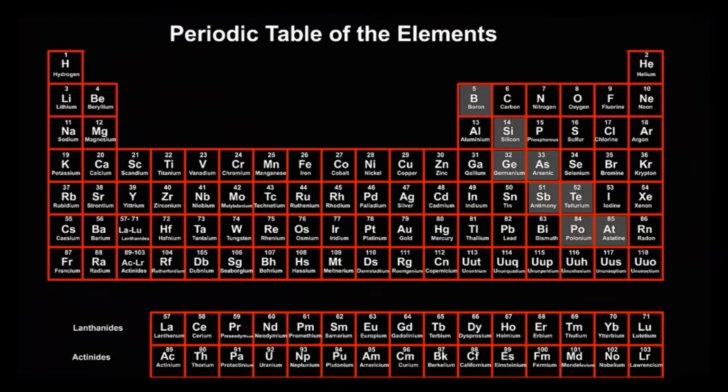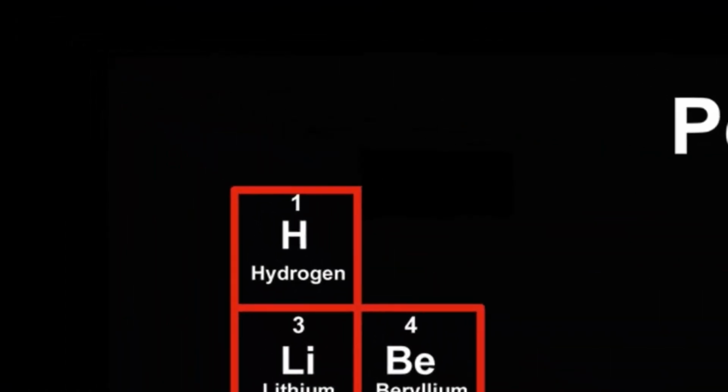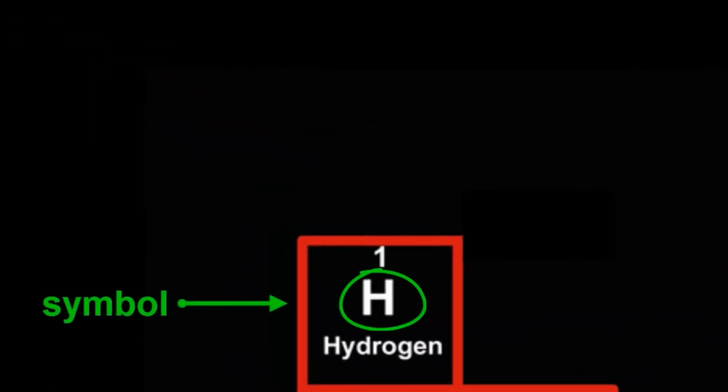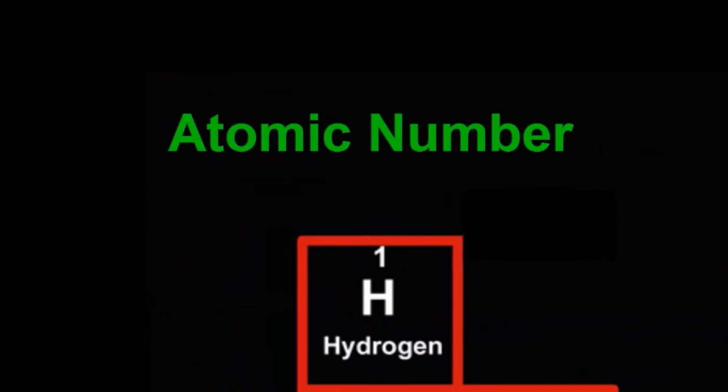The lightest element, hydrogen, is at the top left-hand side of the table. Each element can be written with a shorthand using one or two letters called its symbol, which is capital H for hydrogen, not surprisingly. Each element also has its own number showing its place in this list, called its atomic number. Hydrogen is the lightest element, so its atomic number is 1.